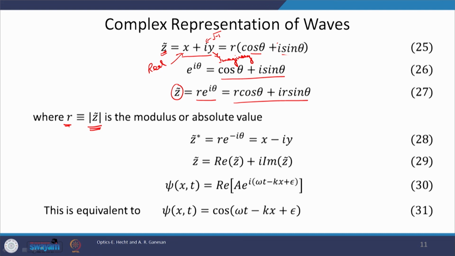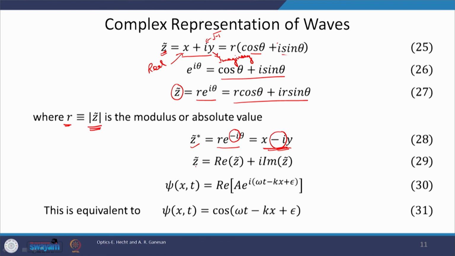R is the modulus of z tilde. Now, how to calculate the complex conjugate? To calculate the complex conjugate, you just replace i by minus i. Therefore, in the exponent i is replaced by minus i, and in this form i is again replaced by minus i. This represents the complex conjugate of z tilde.